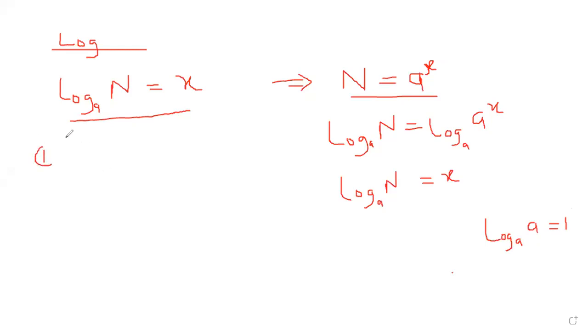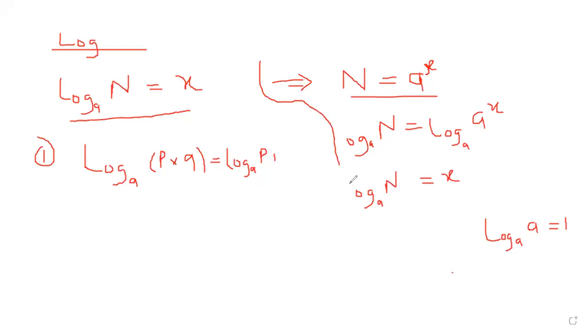So the first rule is the multiplication rule, which is log to the base a of the product of two numbers, p times q, is equal to log p to the base a plus log to the base a of q.